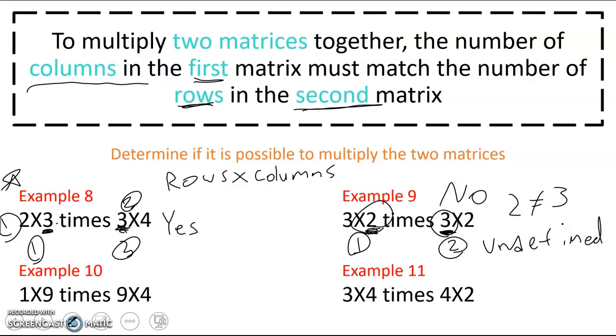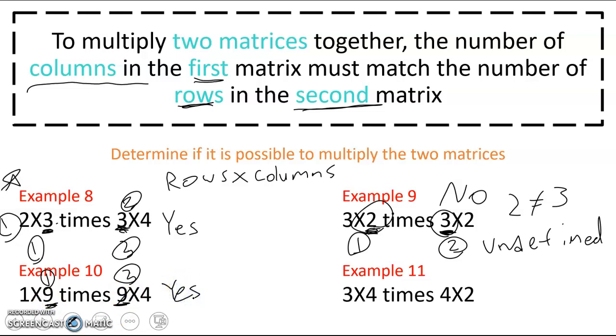Now example 10 here, kind of hard to see down here, but you basically have a 1 by 9 matrix for our first matrix. Then our second matrix has 9 rows, okay? And again, you always write your first matrix to the left and your second matrix to the right, okay? You notice 9, our inside numbers here match, so that means that yes, we can multiply those out.